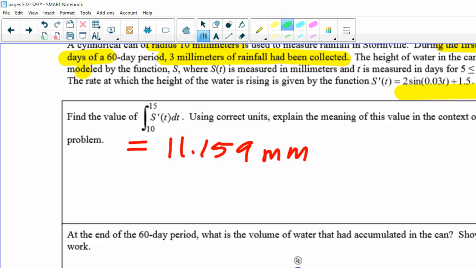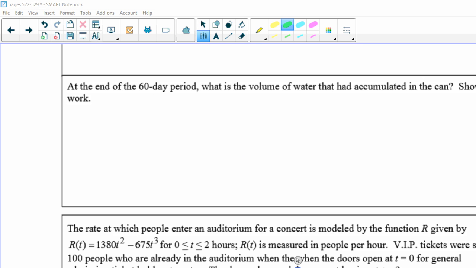Because S is just the height. So all we've got here is the height of the water in the can. How do you find the volume of a cylinder? The volume is the area of the base times the height.